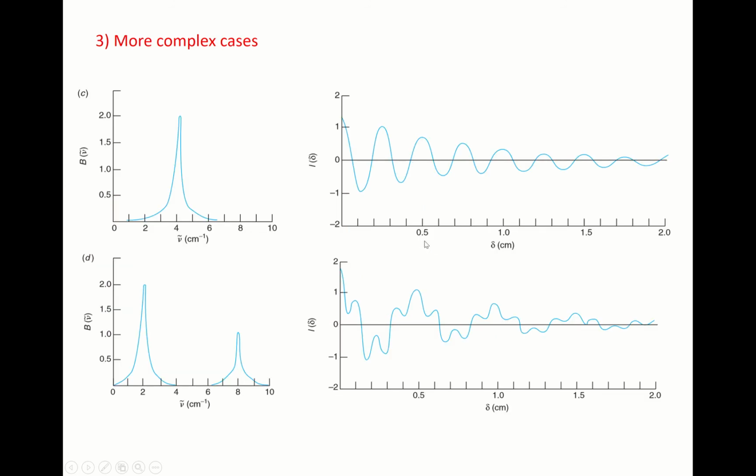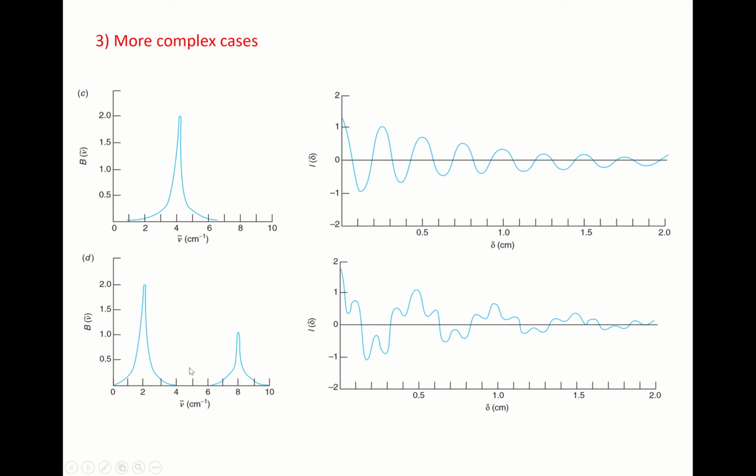The third example is a more complex case. Let's consider your original spectrum is like this one. It looks like a spectrum at this wavelength, and then Fourier transformation gives this interferogram. When you obtain this interferogram, you do the inverse Fourier transformation to get your original spectrum.